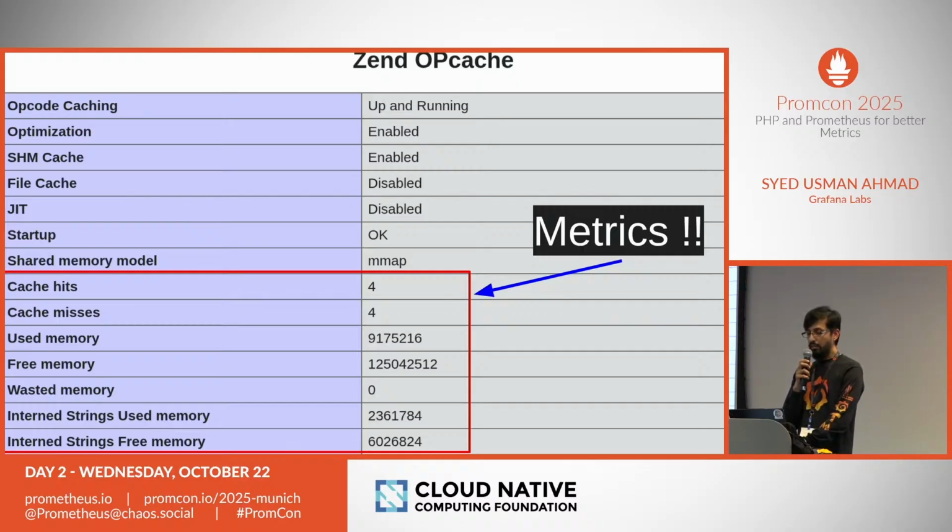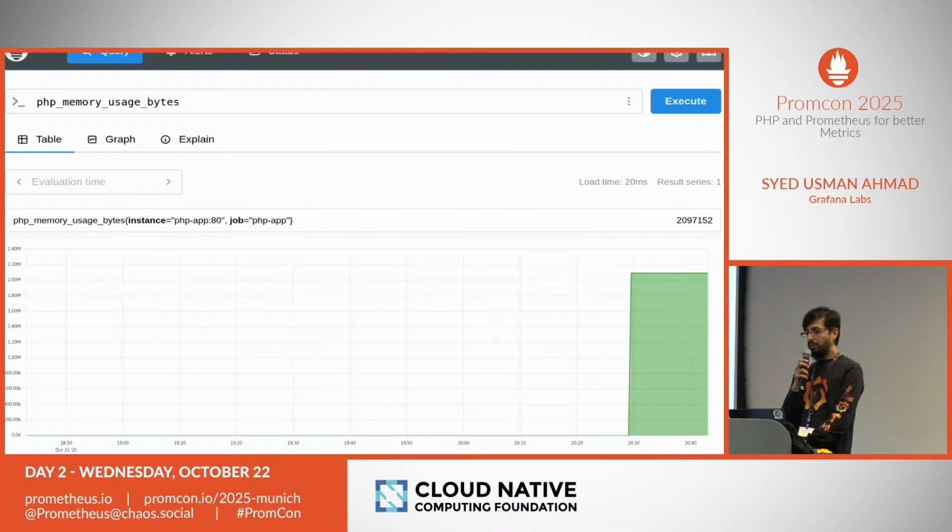So you can definitely use Prometheus with PHP as well. Here's an example from that sample web app. If I want to see the memory size in bytes, I can get it via Prometheus. I just define a basic Prometheus exporter on the node, and it gets the job done.